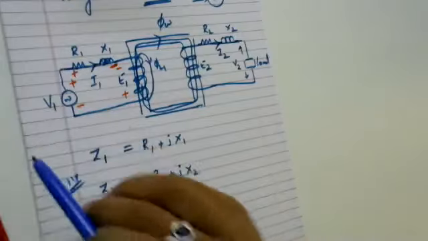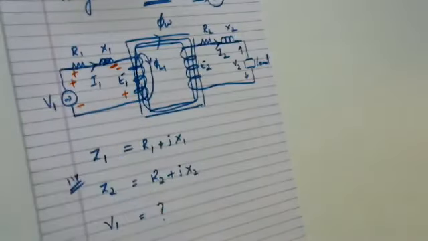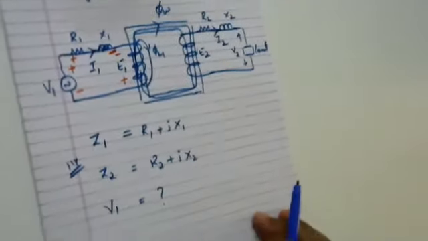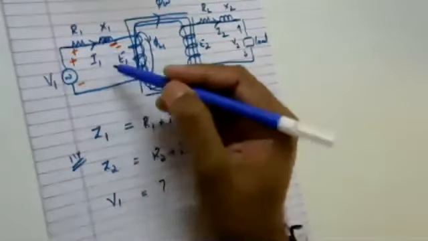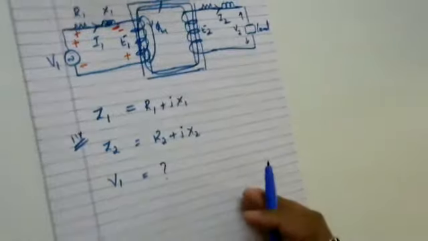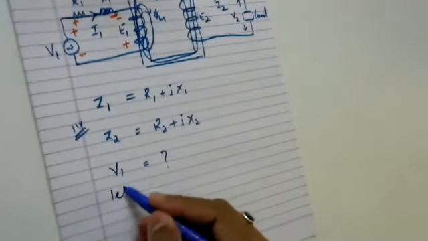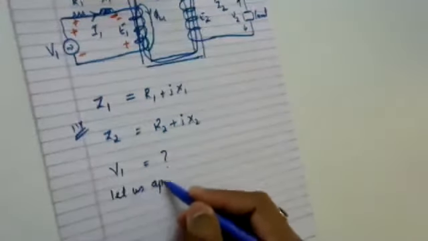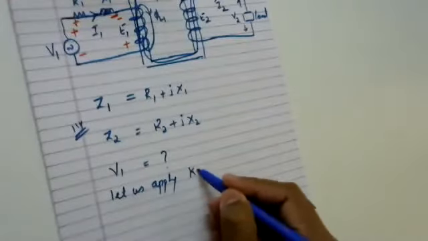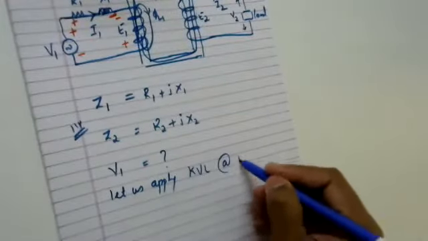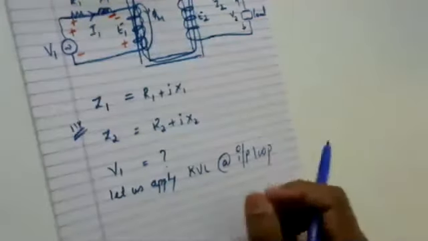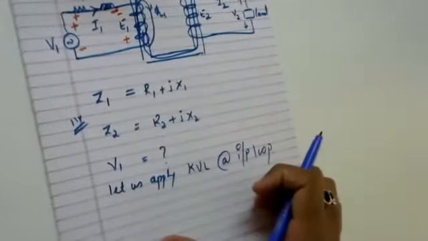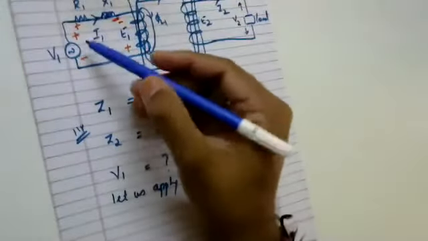So now I'll start writing the equation with the help of these polarities. Let us apply the KVL at the input loop. Let us start from the input side.